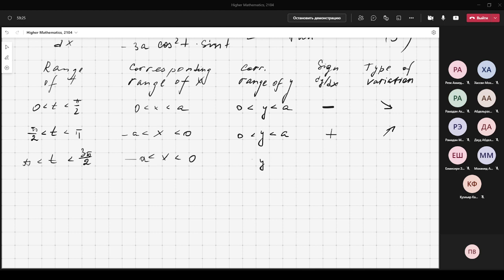The sign is negative, so it decreases. And the last interval, from 3 pi over 2 to 2 pi: x from 0 to a, y from minus a to 0, positive sign, increases.